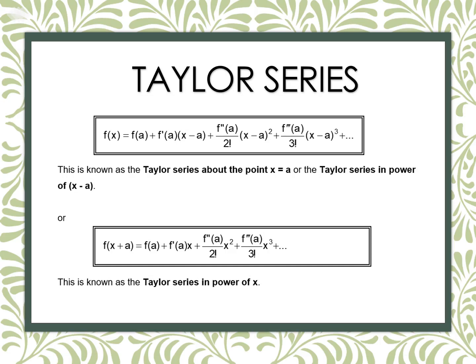For each term, take the next derivative, divide by n factorial and multiply by (x minus a) to the power of n.